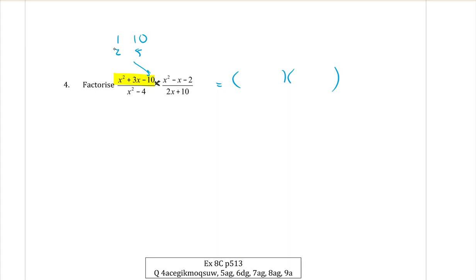And because this number here is positive, the bigger number has to be positive. So I'm going to keep the 5 positive. And I need to know which one makes a 3. So the -2 and the +5 make a +3. So in our brackets, x minus 2 and x plus 5.